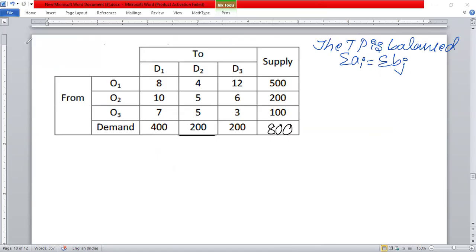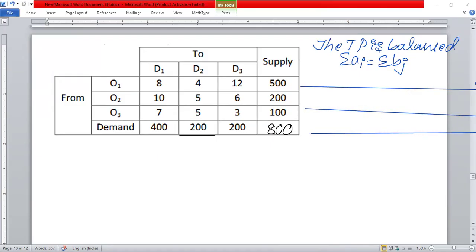Yes. Now, obviously, we told you already, how to start: cell number 1,1. If row becomes 0, we move on to column. If column becomes 0, we move on to row. In the northwest corner rule, we always start at cell 1,1.